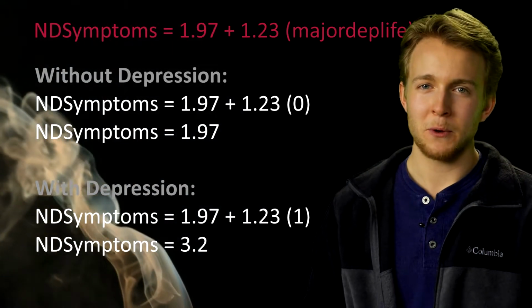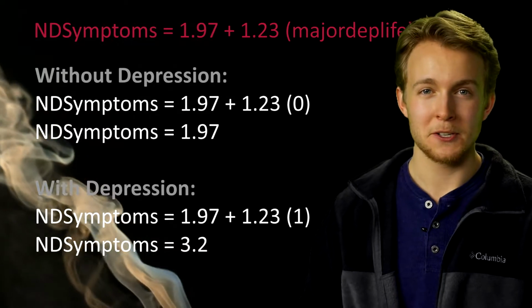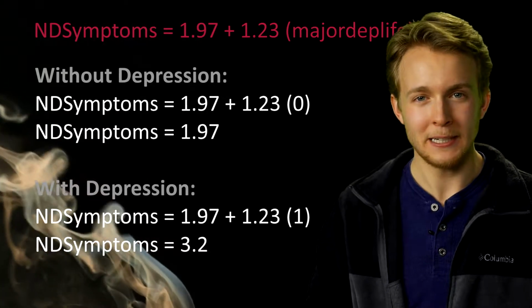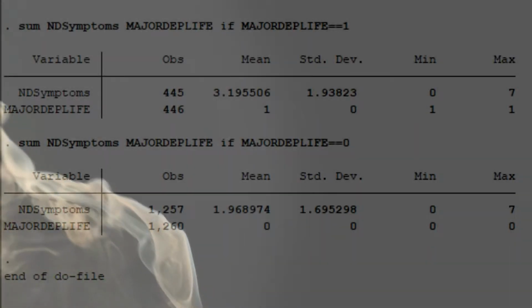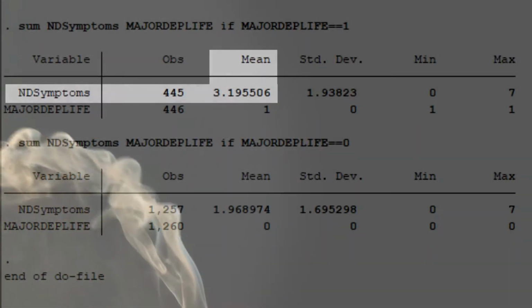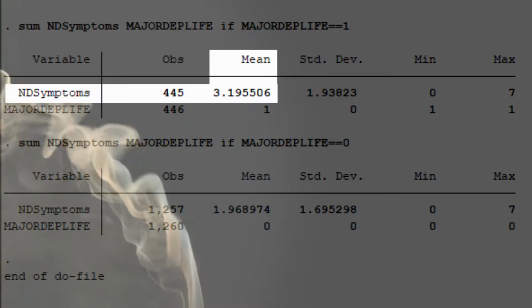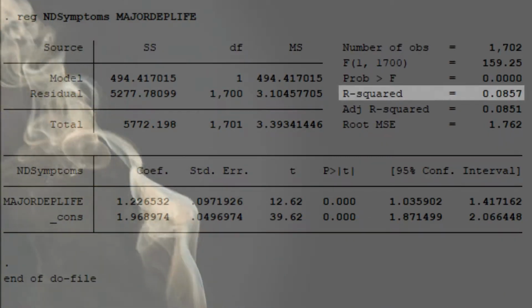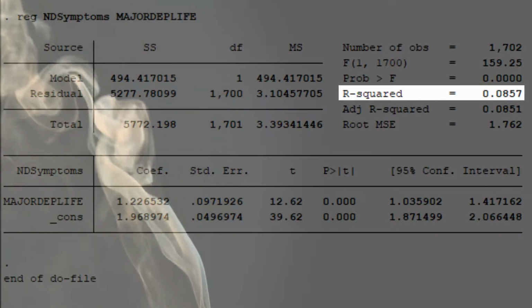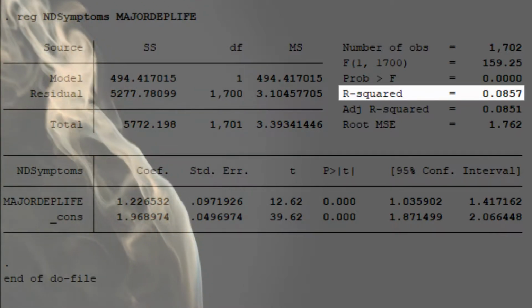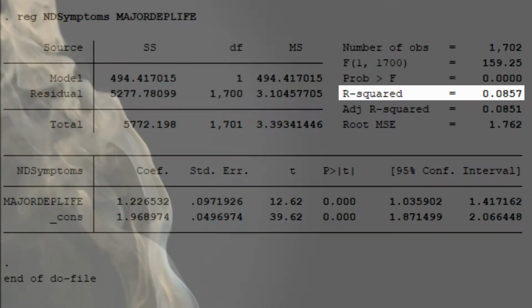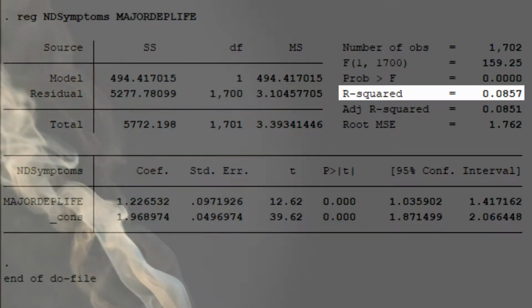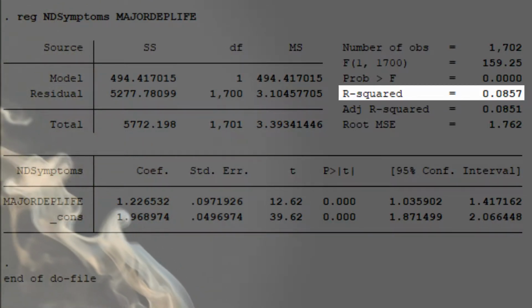So although we may not be working with a best fit line, we are still generating important descriptive information out of this equation. This does not mean that everyone in our sample with depression has exactly 3.2 symptoms. Obviously, no one can have 0.2 symptoms. Our low R-squared value, 0.086, tells us that we're only capturing a small amount of variability, about 9%, in the number of nicotine-dependent symptoms among daily smokers.